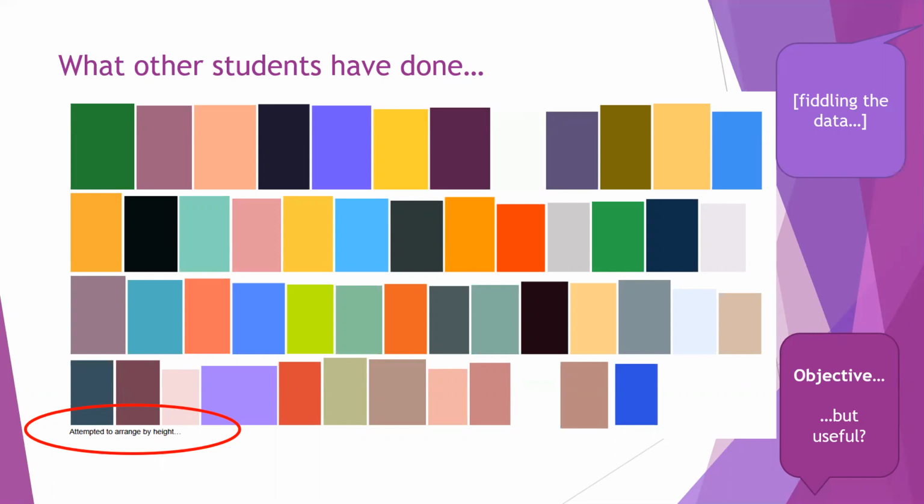But is it useful? Just because a method gives us nice, neat results, it doesn't mean it's helped us to see anything unusual or different, or to explain something in information or data we've collected.